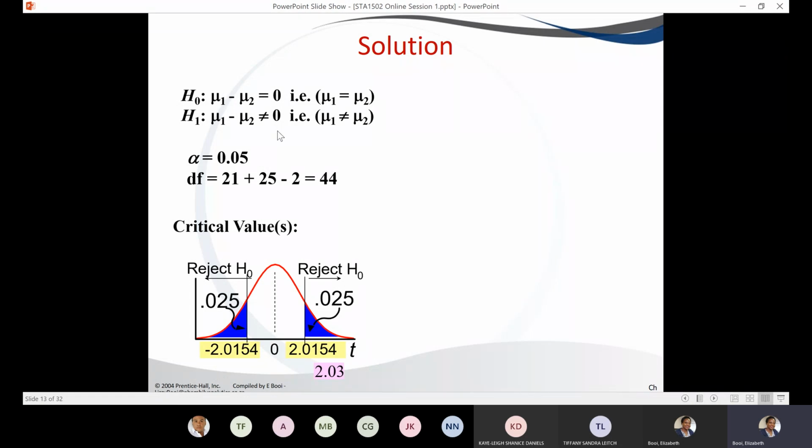There is always going to be an equal sign there. But under the alternative hypothesis, the sign should not contain an equal sign. Therefore, if it's not equal, it's a two-tail test. If it's less than, then it's a left tail. If it's greater than, then it is a right tail test.